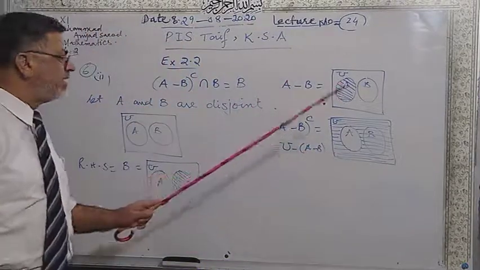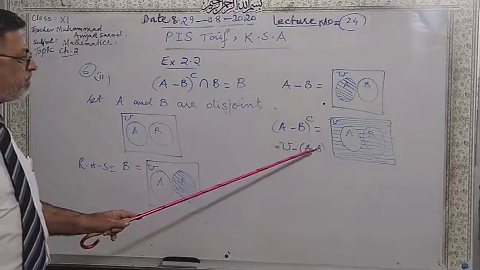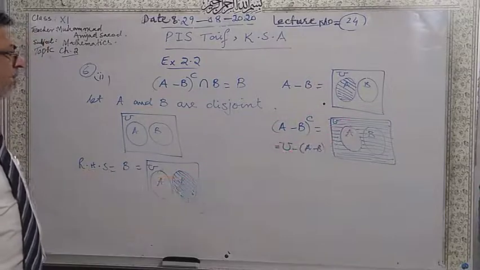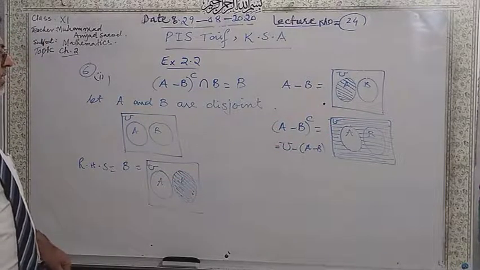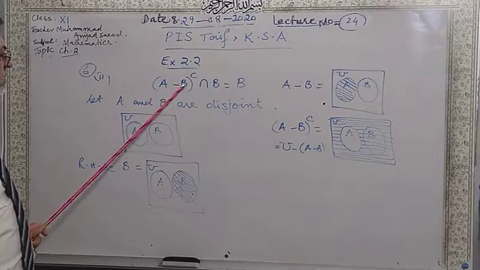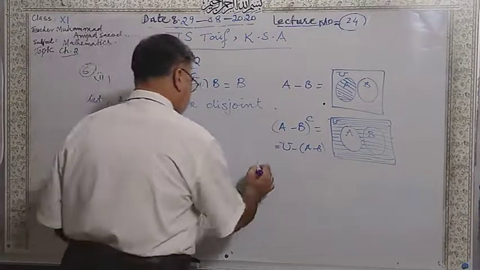A difference B was that. Now from the universal you subtracted A difference B. Everything but that is shaded. Now dear students, you got this portion.